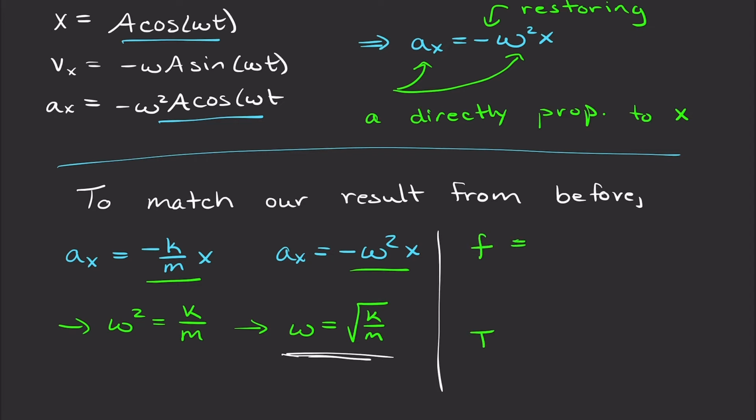The frequency is omega divided by 2 pi, so if we substitute in for omega, we get 1 over 2 pi out front times the square root of k over m. The period is just 1 over the frequency, so we flip everything: the 1 over 2 pi becomes 2 pi, and the square root of k over m becomes the square root of m over k.